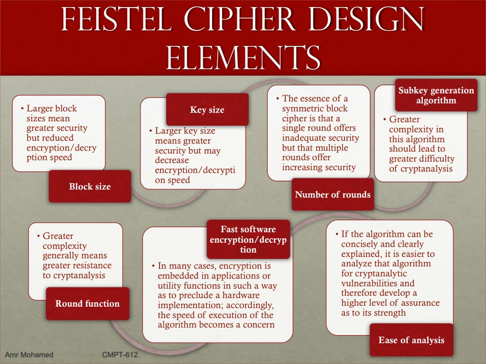And we said that modeling the Feistel structure as two recursive equations makes the analysis really easy to understand, although it's very hard to break. And that's the good objective that the Feistel structure tries to achieve.